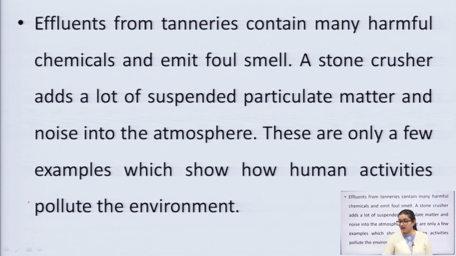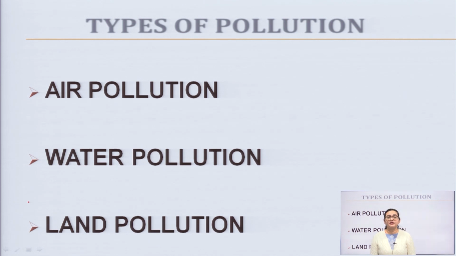So, now proceeding ahead, we should learn about the types of pollution. The first type of pollution is air pollution, then the second type is water pollution. Air pollution is the pollution of air, the air getting more and more polluted day by day. Water pollution is the pollution of water.